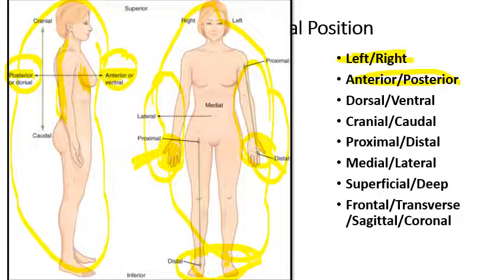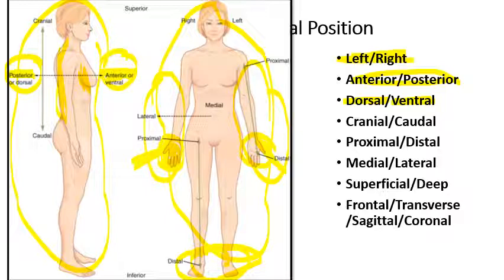Humans have 2 legs and 2 arms, so humans stand upright. If you're dealing with animals that walk on all fours, it's a little bit more complicated. In that case, you would refer to the back side, the posterior side of the animal, as the dorsal side. And you would refer to the belly side as the ventral side.